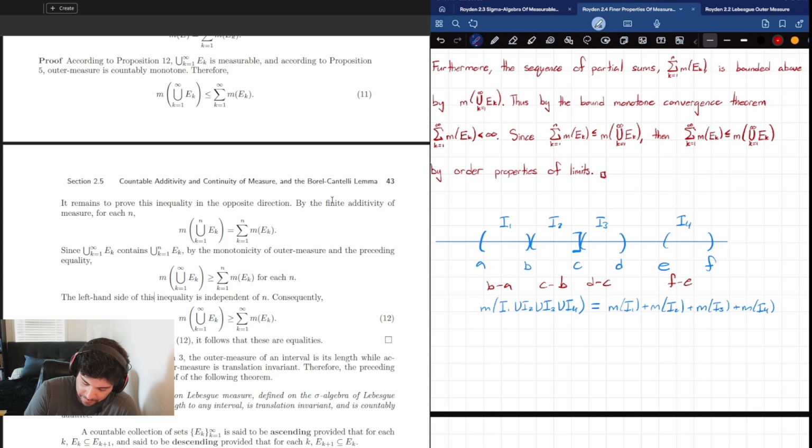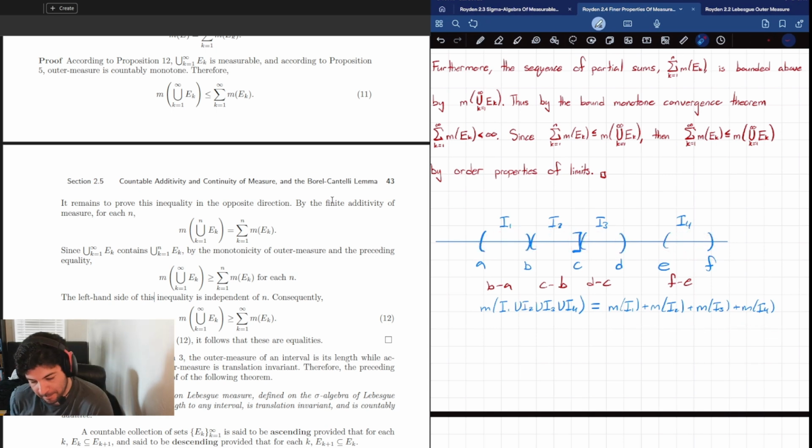And so it's basically saying that if I take the bigger picture, like this set and this set, and I measure it, that it's the same thing as measuring the individual ones and then adding them all up. So what would this be?